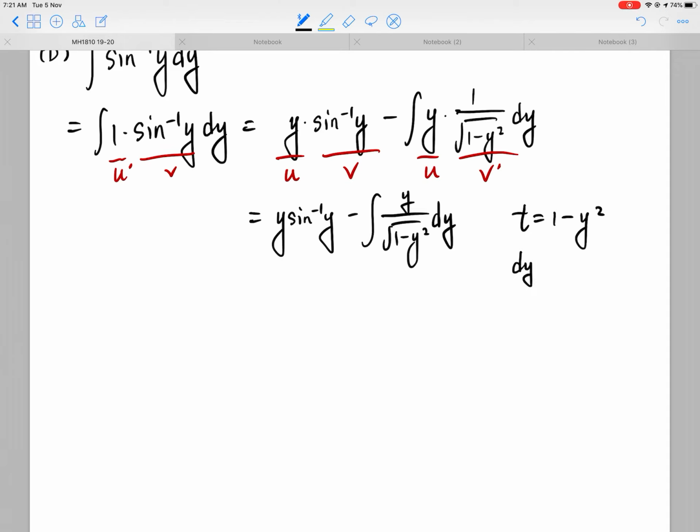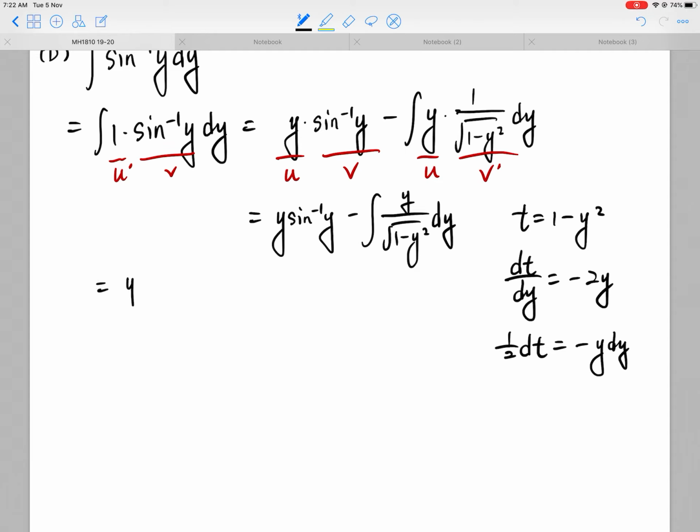And dt over dy is negative 2y. Right, which means you have here negative y dy. So half dt is negative y dy.